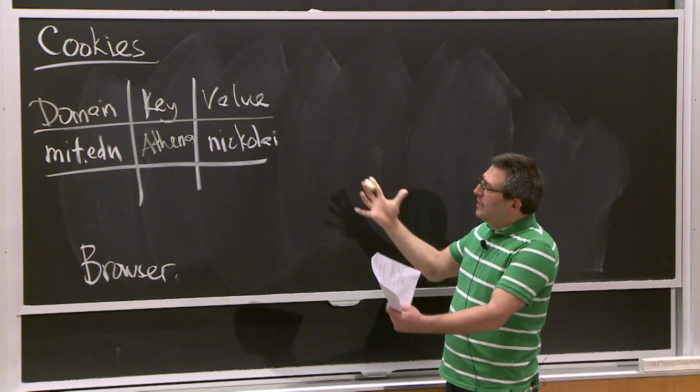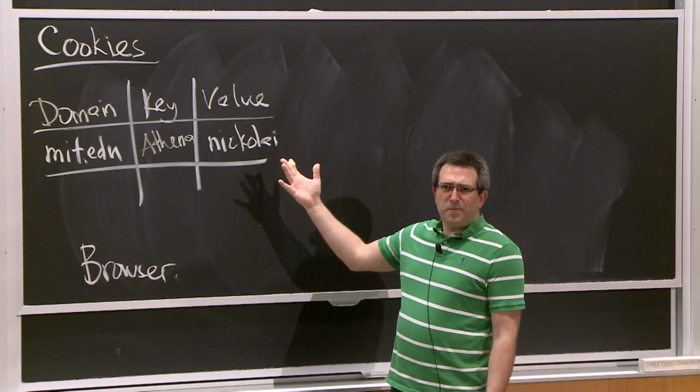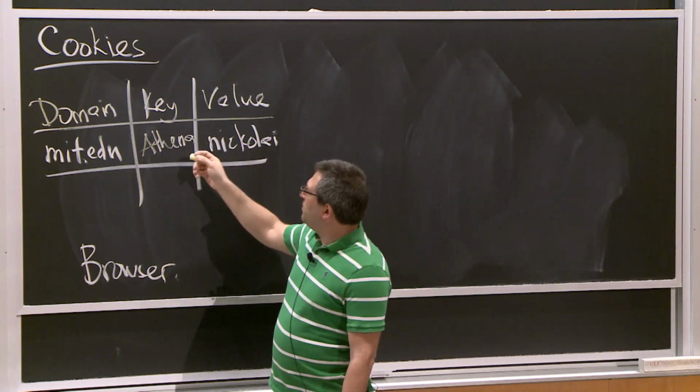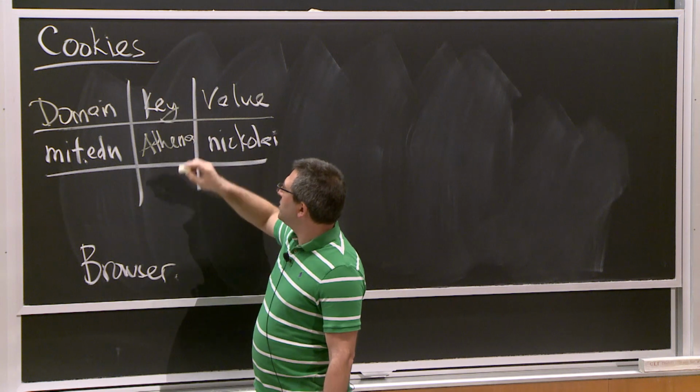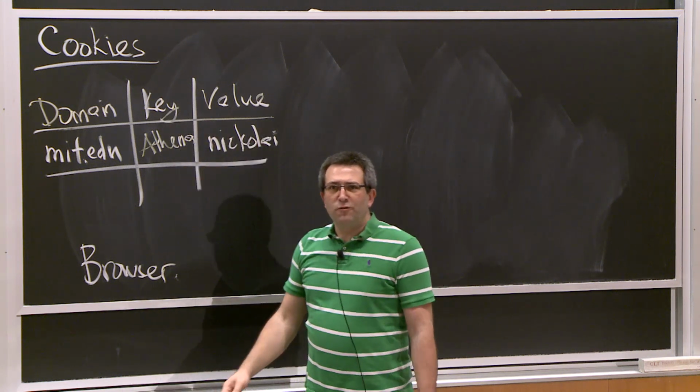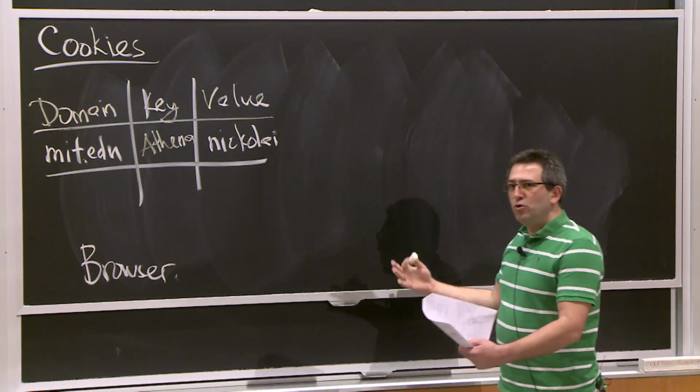So that might be a cookie. Not actually any site at MIT that I know of does this, but that's the form in which cookies operate. And the nice thing about these key-value pairs is that you can store multiple cookies in a browser for different keys. So different libraries or different applications could share this mechanism.